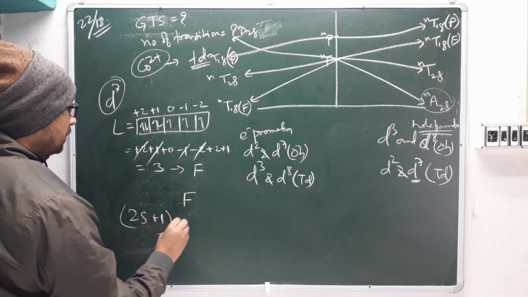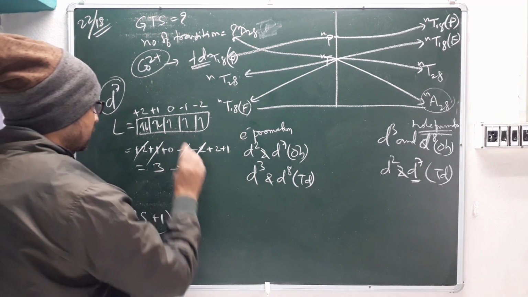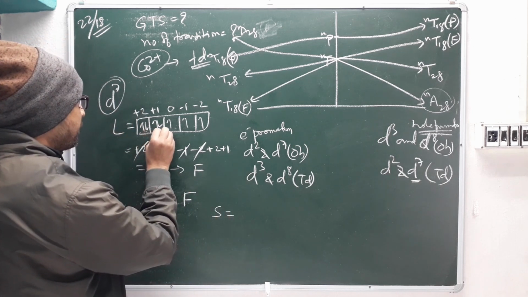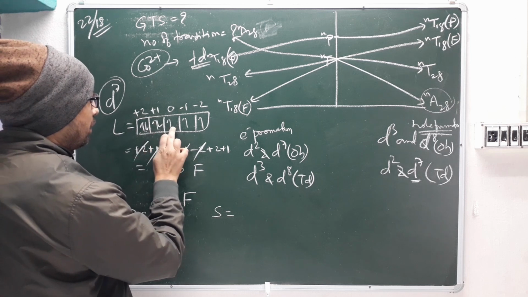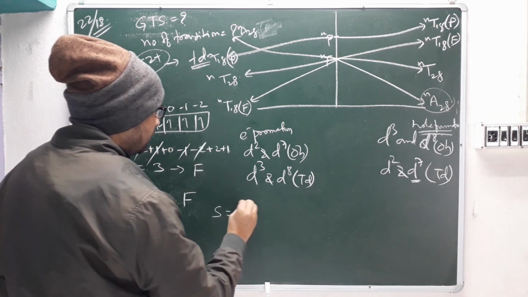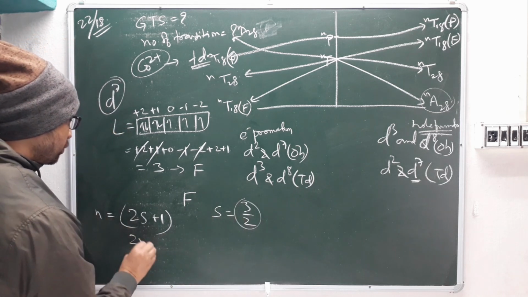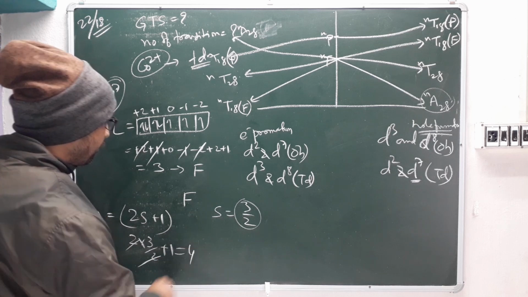So let me check first: S will be plus half, minus half, minus half. This already got cancelled, 0 0. Here it will be plus half, plus half, plus half. So 3 by 2. So this will be the S value. Now just put this S value: 2 into 3 by 2 plus 1. So 2 will get cancelled out, it will be 4, right?